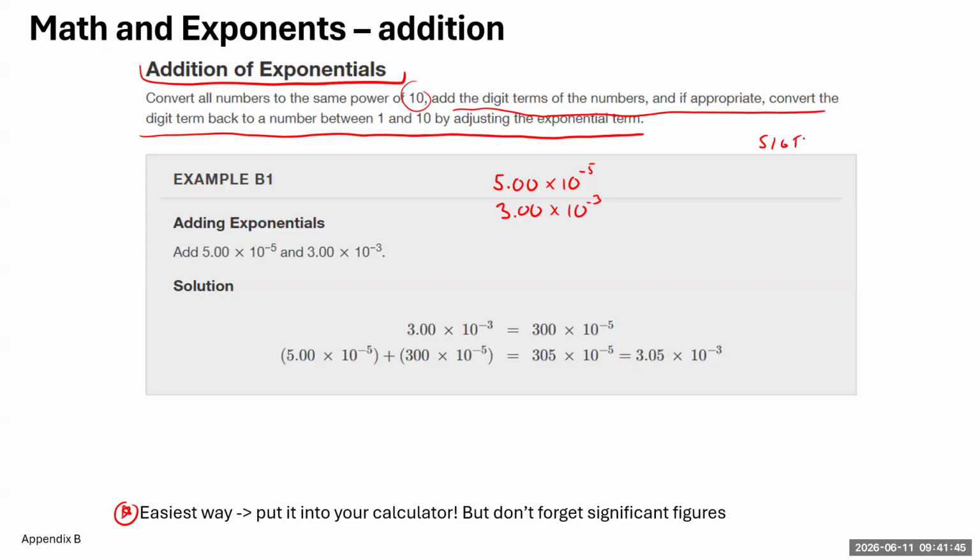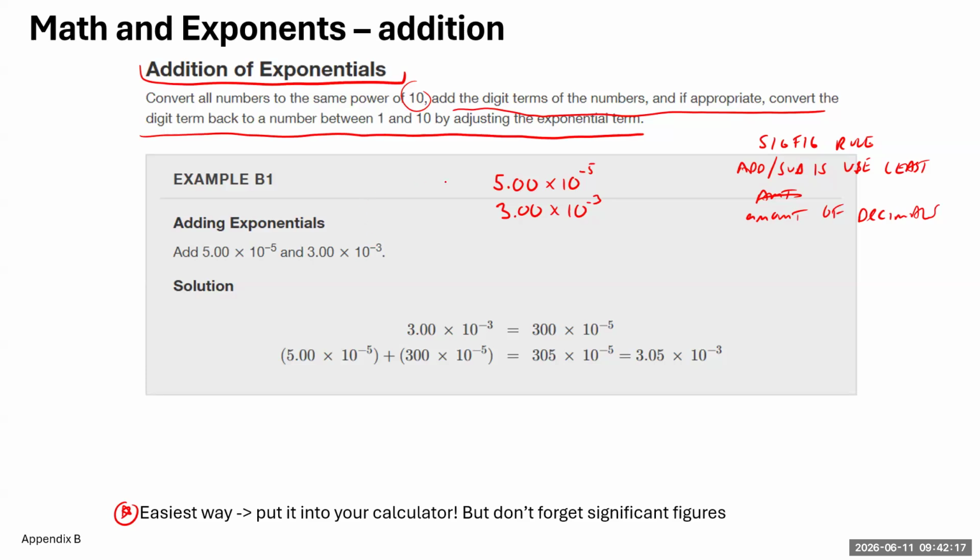The sig fig rule for addition and subtraction is to use the least amount of decimals in the problem. All right. For using the least amount of decimals, this looks like 2 decimals each, right?